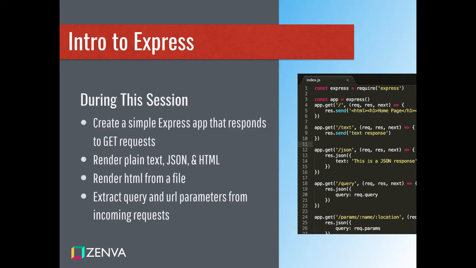A GET request is the most common type of request servers receive. When your browser goes to a certain website, such as www.zenva.com, your browser is sending a GET request to the Zenva servers, which then responds with an appropriate type of response.